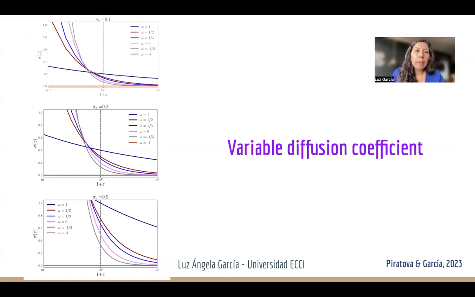Also, we can think about different values that sigma 0 can take in order to have these different variable diffusion coefficients.